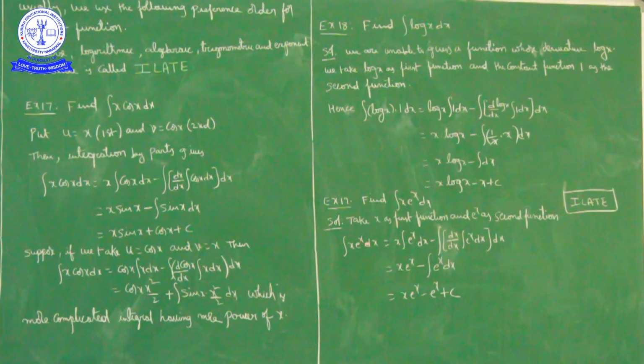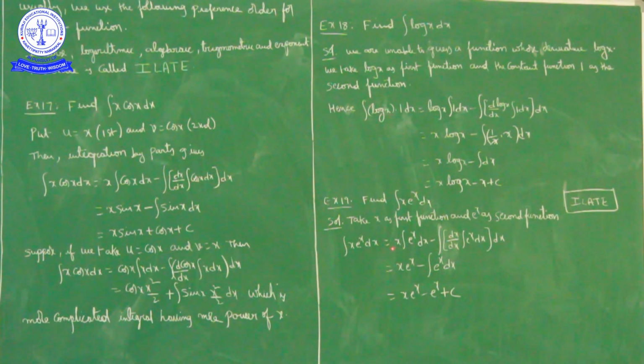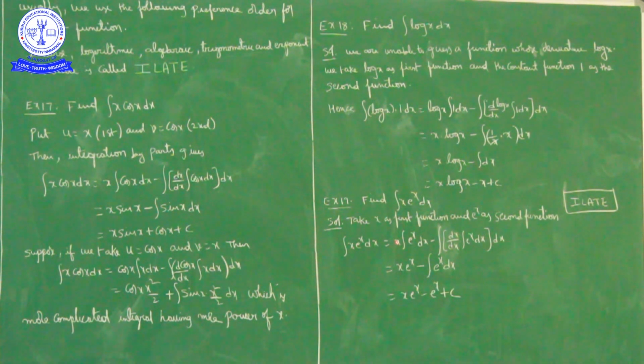Then integration by parts gives integral of x into e power x dx equals first function into integral of second function minus integral of derivative of first function into integral of second function dx. So first function x into integral of e power x dx minus integral of derivative of x, dx by dx, into integral of e power x dx, into whole dx.